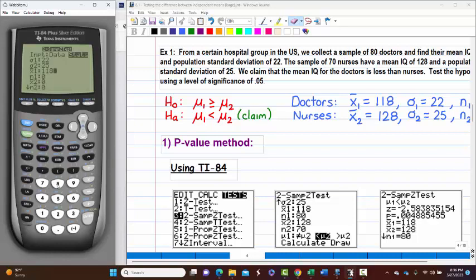The sample size for the doctors is 80. 80 doctors. And the sample mean for the nurses, 128. And the sample size for the nurses is 70.